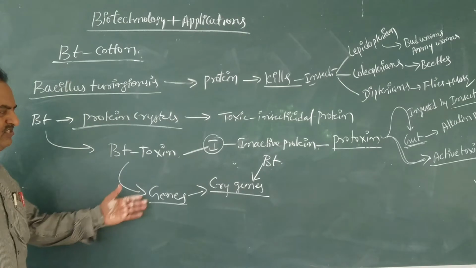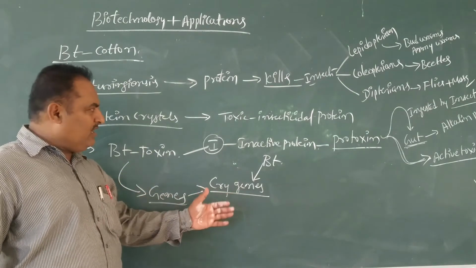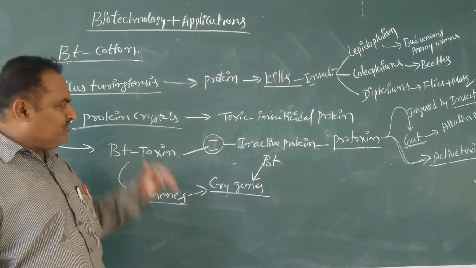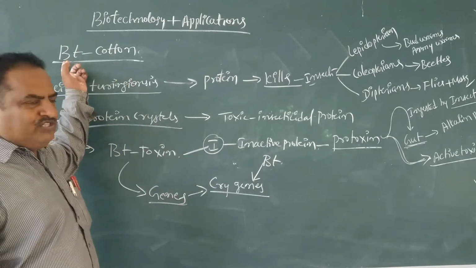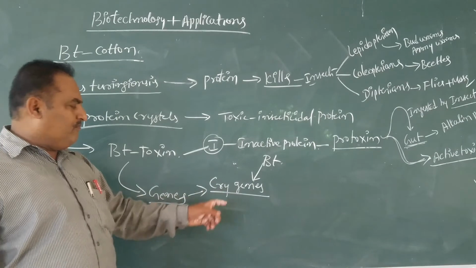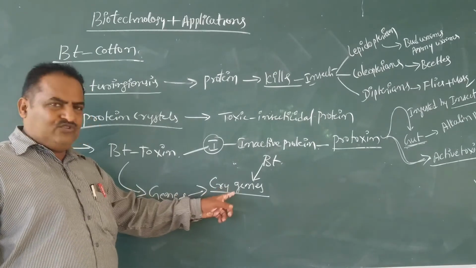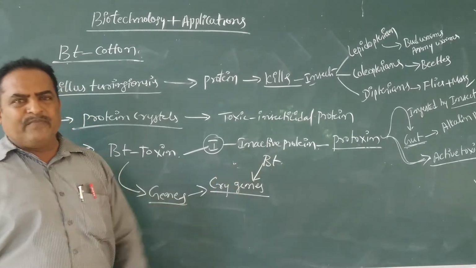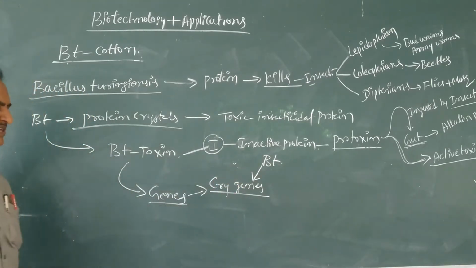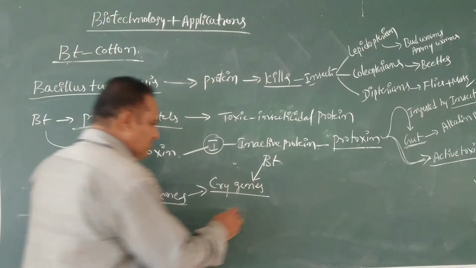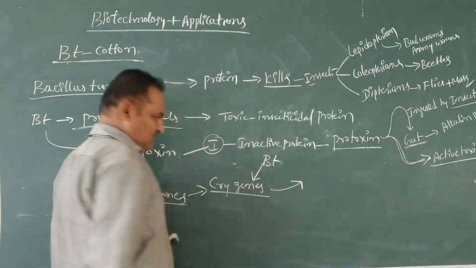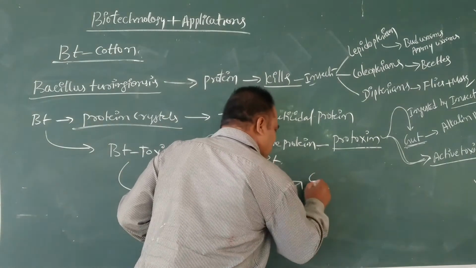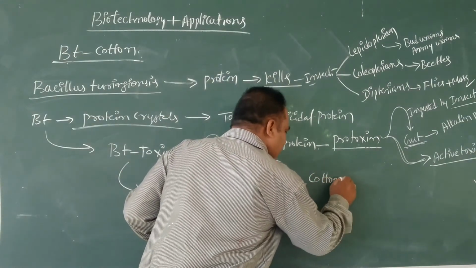The cry genes are Bt toxin producing genes present in the bacterium Bacillus thuringiensis. Such genes, isolated from Bacillus thuringiensis, are incorporated into crop plants like the cotton plant.